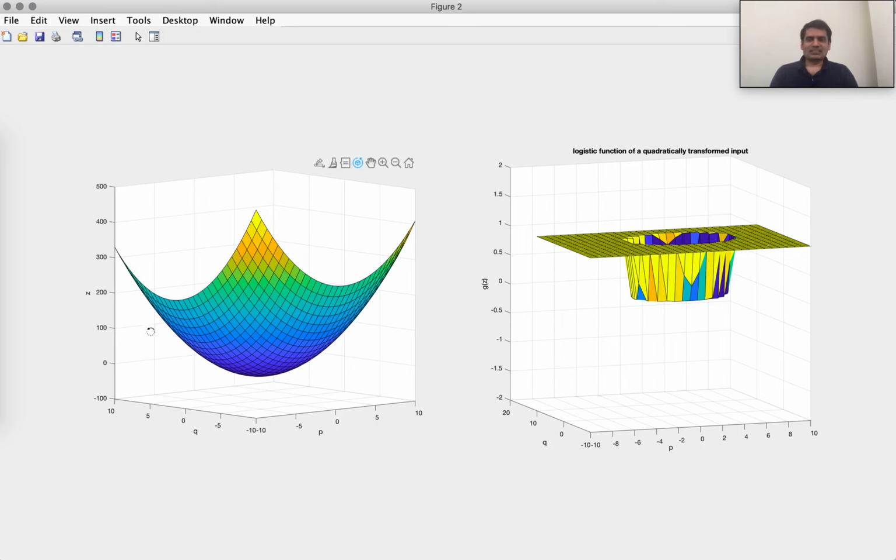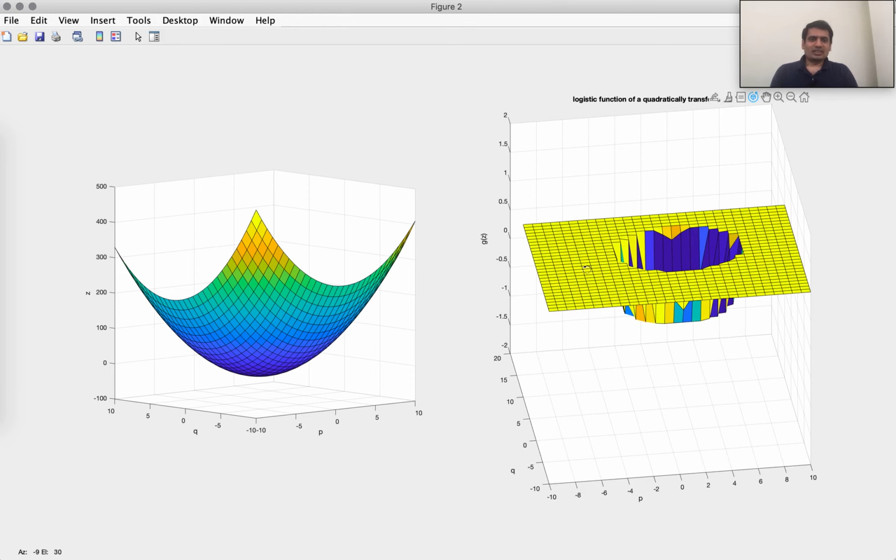And then z is much greater than 0 for most of the values of p and q. So when z dips below 0, you have g of z close to 0. And then when z is substantially greater than 0, g of z gets close to 1, right? So this is the output of this function.